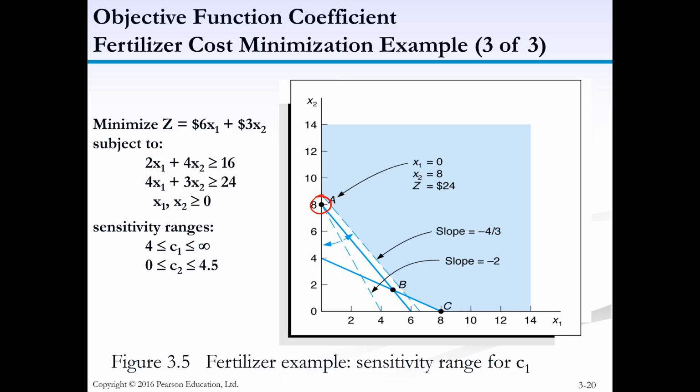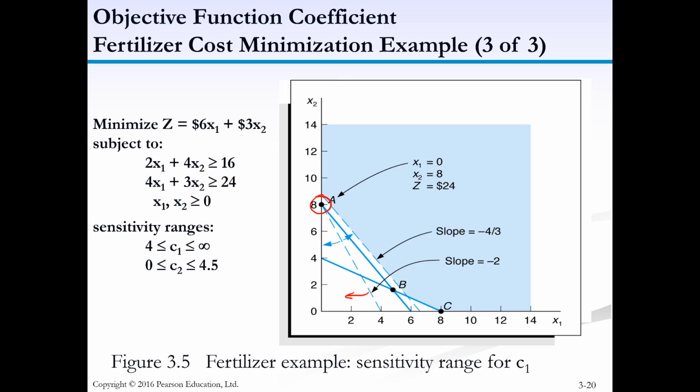Now if we want to establish the range for C1, we can see that if we increase the first coefficient C1 from 6, the isocost line will start moving toward this side, and we can keep increasing until infinity. This means that point A will stay optimal.